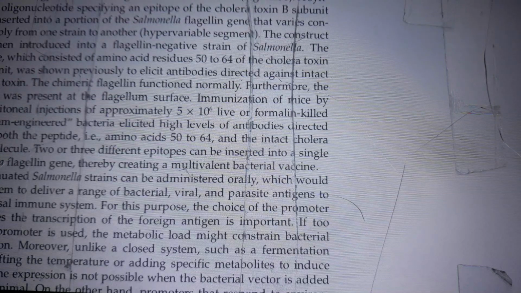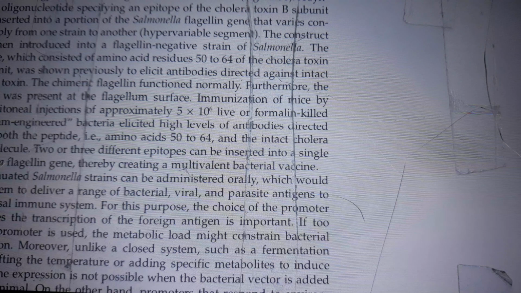This strategy was used to engineer a cholera vaccine. A synthetic oligonucleotide specifying an epitope of the cholera toxin B subunit was inserted into a portion of the Salmonella flagellum gene that varies considerably from one strain to another, the hypervariable segment. The construct was then introduced into a flagellum-negative strain of Salmonella.